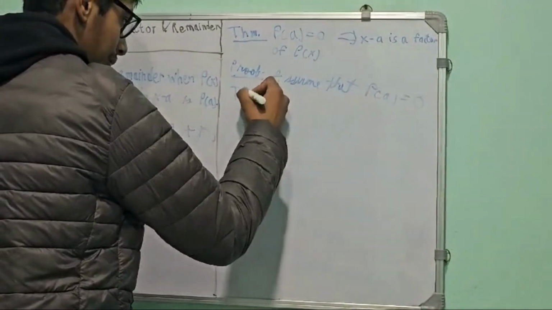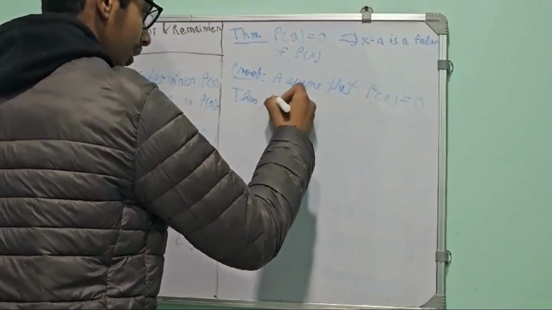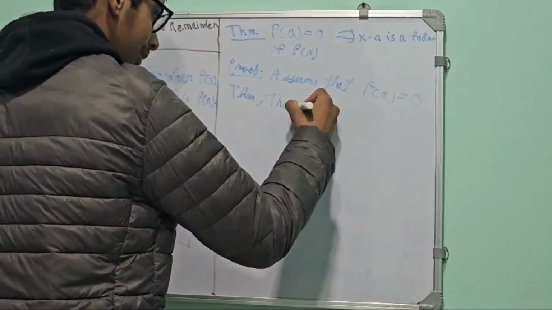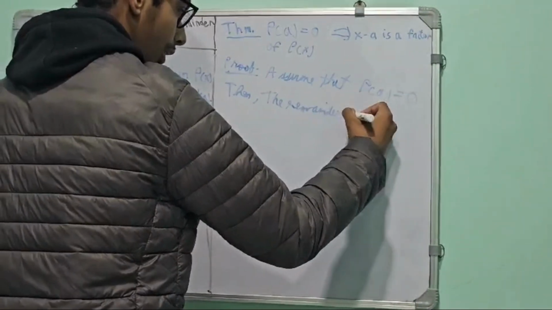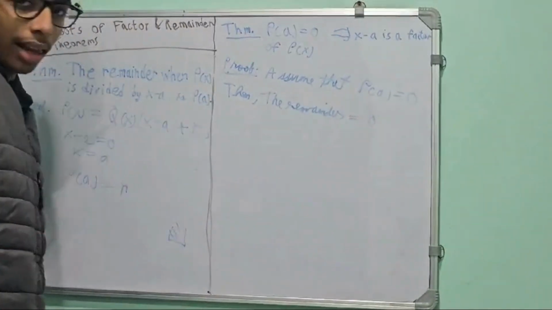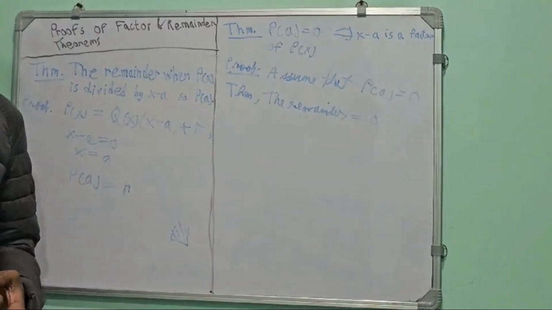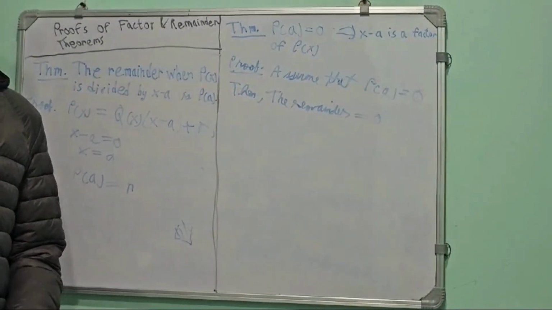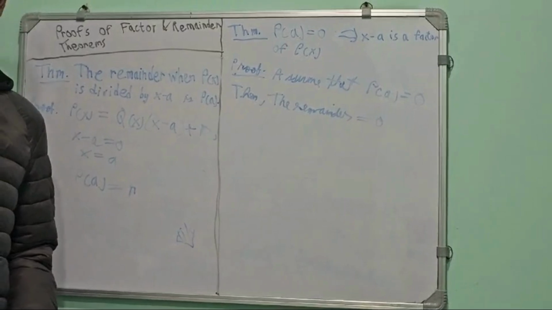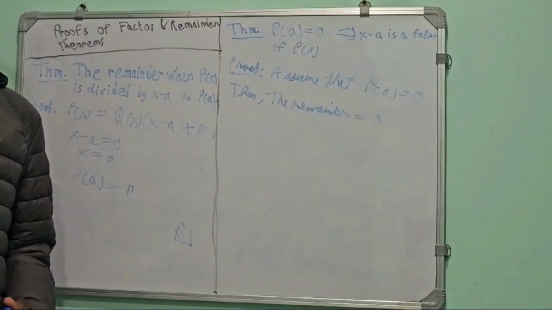So we can write that down. Then the remainder is also equal to 0. And when we say that something is divisible by another thing, for example, if we say 6 is divisible by 3, the reason for that is because it leaves a remainder of 0 when you divide 6 by 3.